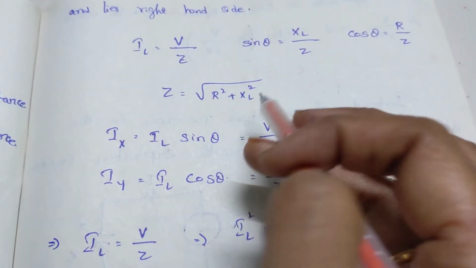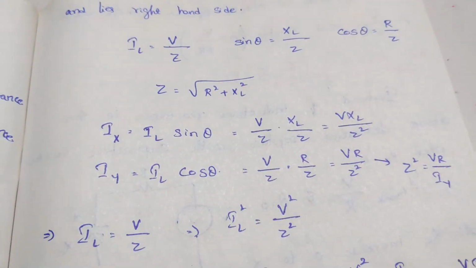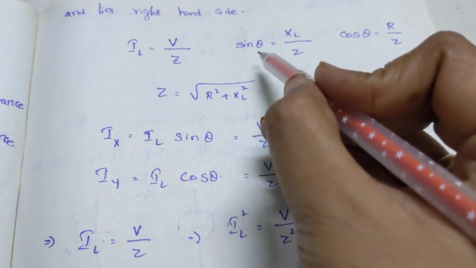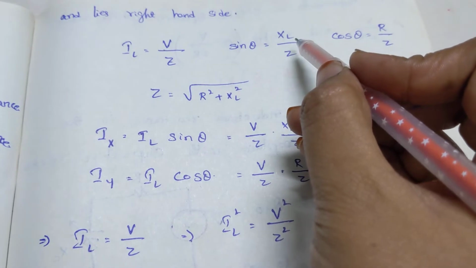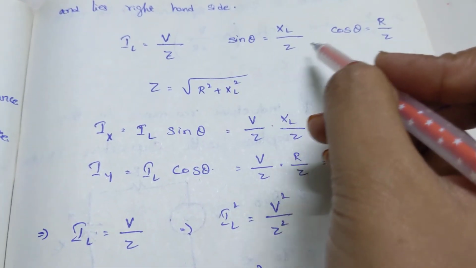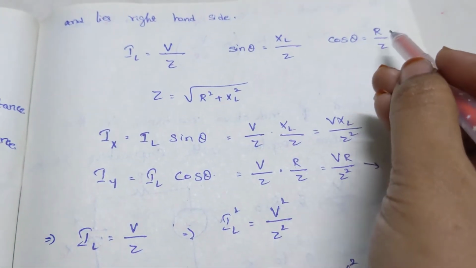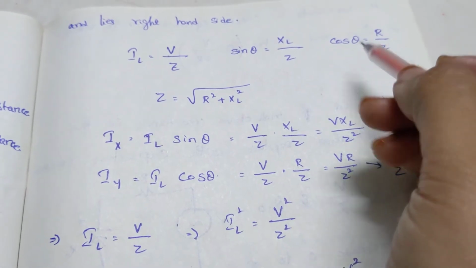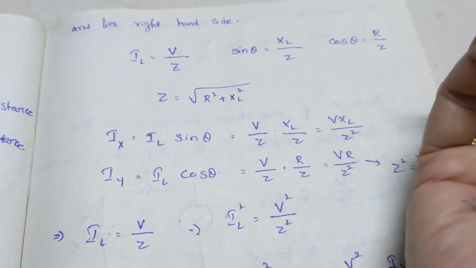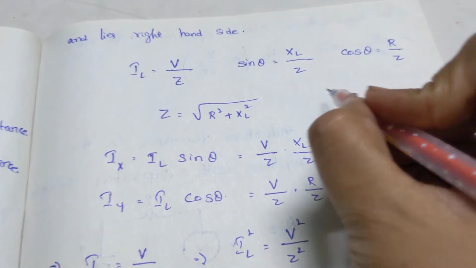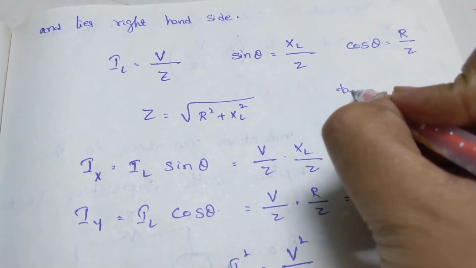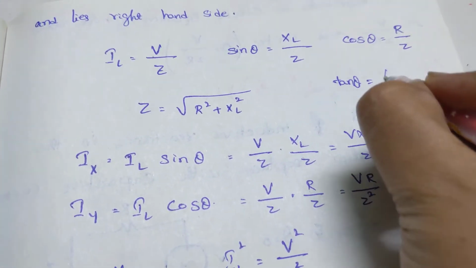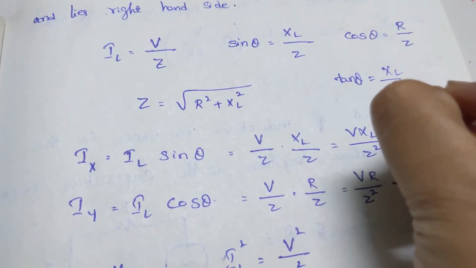Whether it is an inductor or capacitor depends upon your circuit. What about sin theta? Sin theta is nothing but X divided by Z, and cos theta is nothing but R divided by Z, which we can draw from our impedances, because we know that tan theta is nothing but XL divided by R.